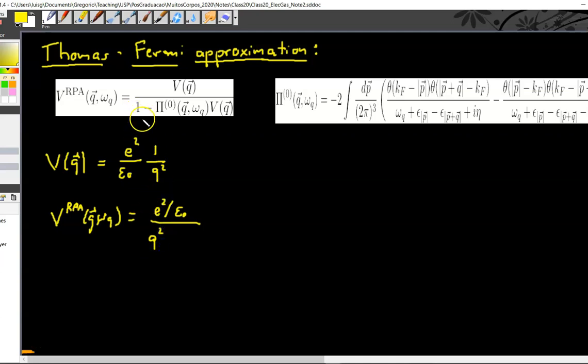And I'm already putting here minus Q squared pi, and that's e squared epsilon, Q squared.